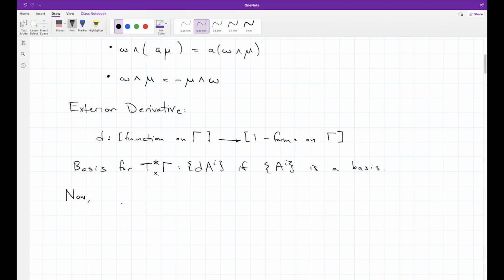Now, I'm going to label the space of two forms capital Omega 2 on gamma.